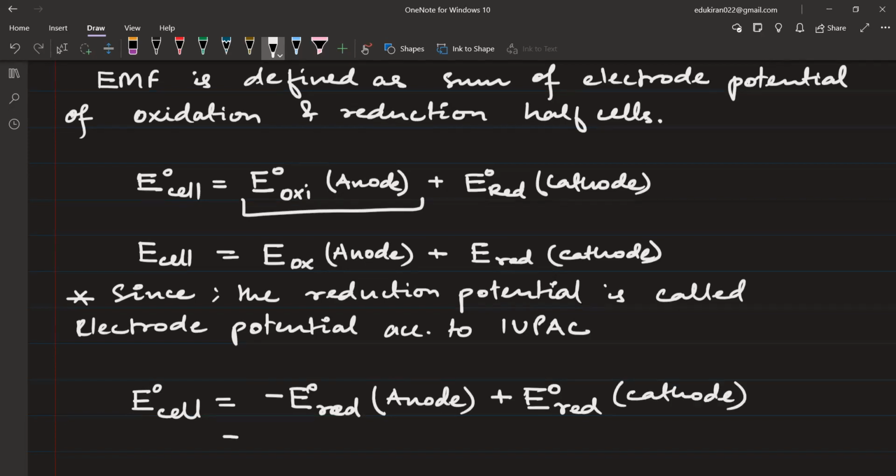So now you can see here why it is E naught of cathode minus E naught of anode.